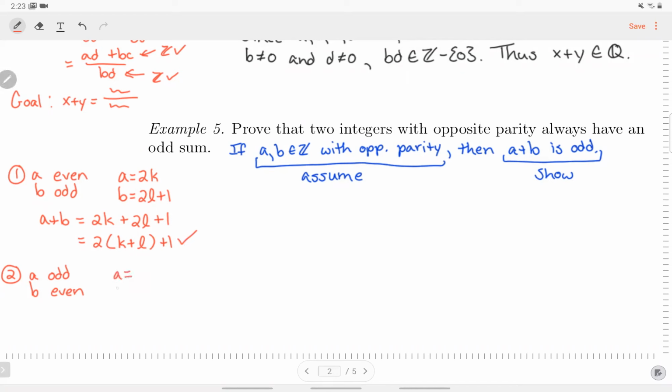All right. So technically on this second one, I'm starting over. I'm starting from scratch. I can use k and l again, but if that upsets you, you could use m and n. But it's perfectly fine here to use k and l again, because this first case is completely done, so I'm kind of starting from a clean slate.